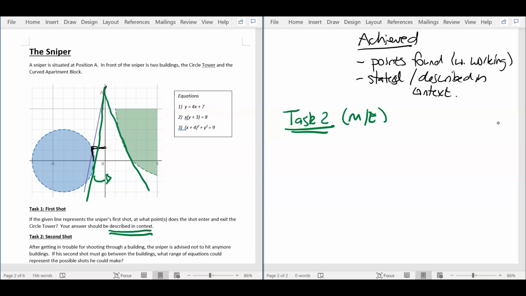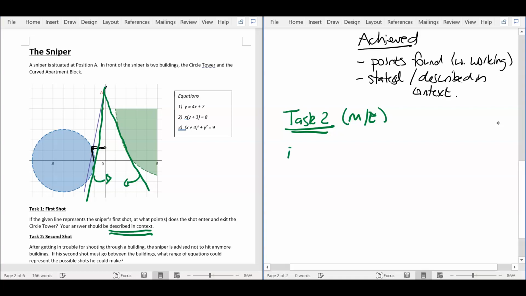So that line actually hits the building, but anything in this direction will be all good, and that leads to the conclusion anything between those will also be good in terms of the shots that the sniper could make. So we need to find the two tangents, the tangent to the circle and the tangent to the curved apartment block. We then need to interpret those gradients and come up with that range of values in between. So let's start off with that.